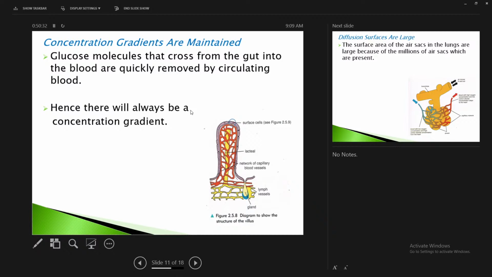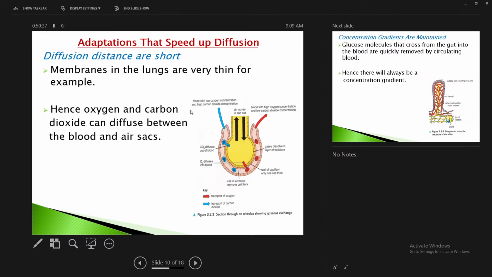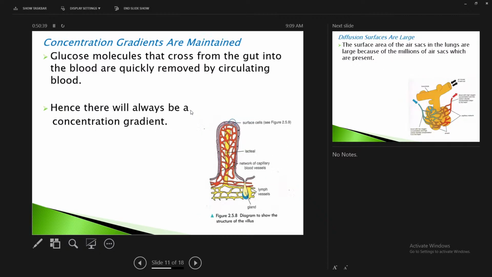Alright, so the next adaptation is that concentration gradients are maintained. So at all moments there should be an imbalance. A concentration gradient means there is a difference between two different regions.